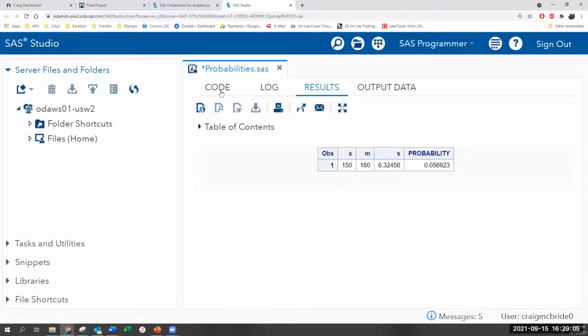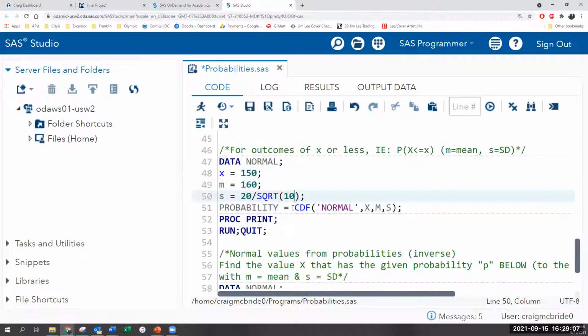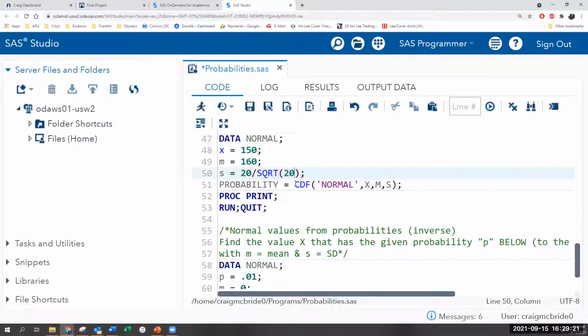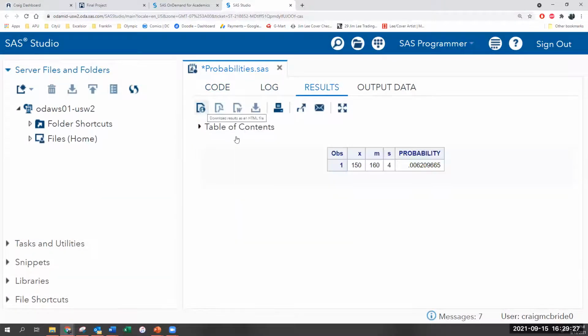How about a sample size of 20? Let's see what that gives us. Well, it shortens up even more. Oh, it's a little over 1%, right? So how about a sample size of 25? Well, that's less than 1%, right? So we know it's somewhere between 20 and 25.